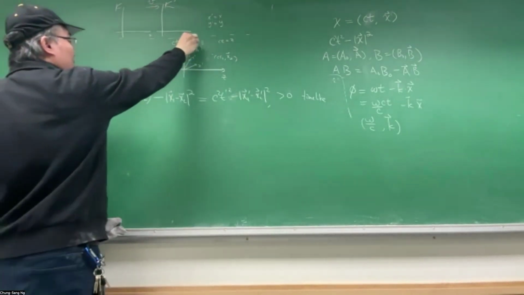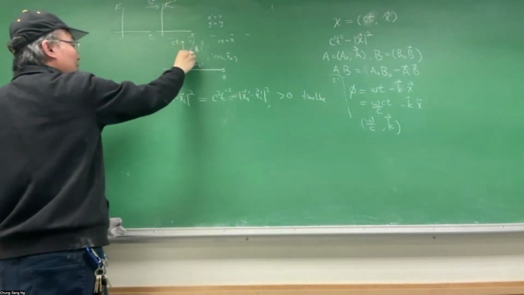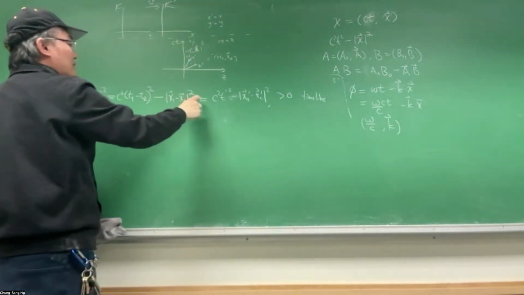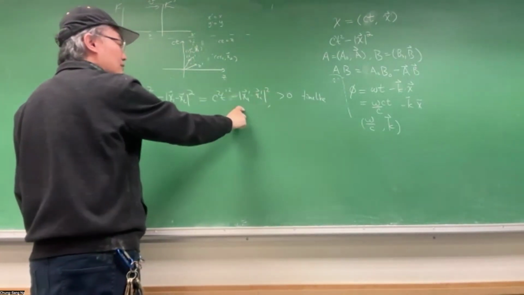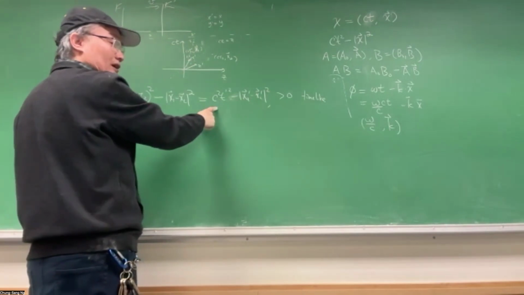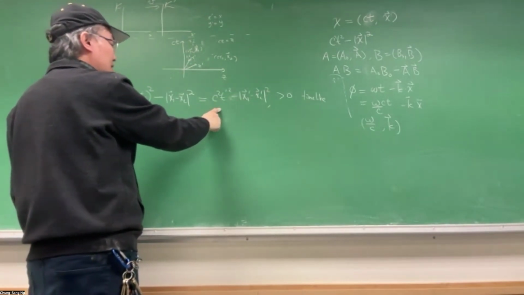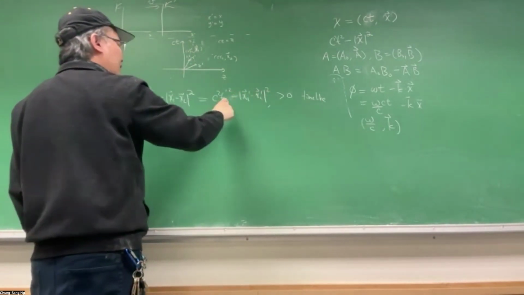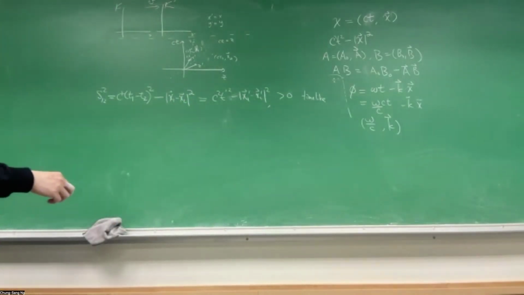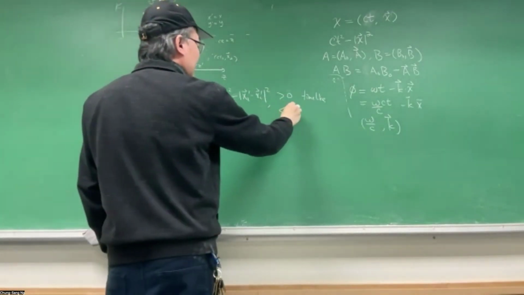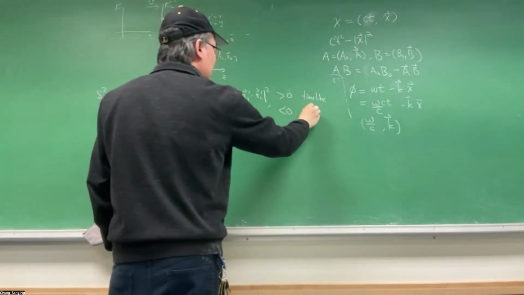The slope between the two events should be greater than 45 degrees, so event 2 should be here. You can find a frame going through this, such that the spatial difference is 0, so you only have a time difference in this frame. Obviously, you define it like that, and this is positive. Okay, and likewise, if this is less than 0, this is space-like.